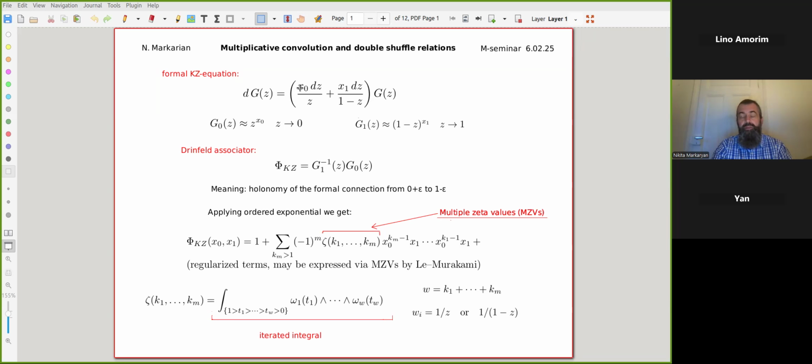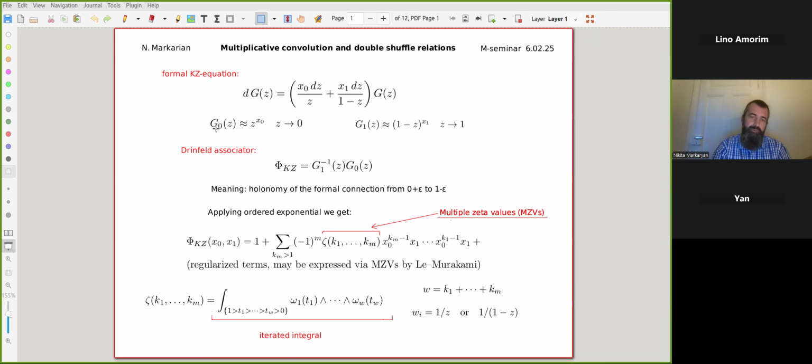You can think about real matrices, but you can think about just the free algebra generated by x0 and x1, completed with respect to the grading. Then we have a universal solution of this equation. We have two solutions, in fact: G0, which has this asymptotic near 0, and another one which has this asymptotic near 1.